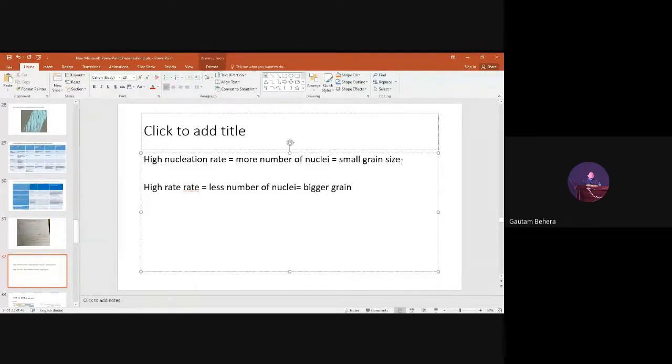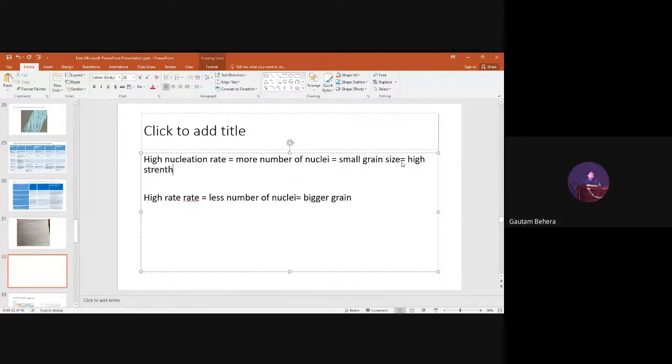If you look into the properties, bigger grains means high strength, hardness, and a good toughness. Right, here it is high ductility.